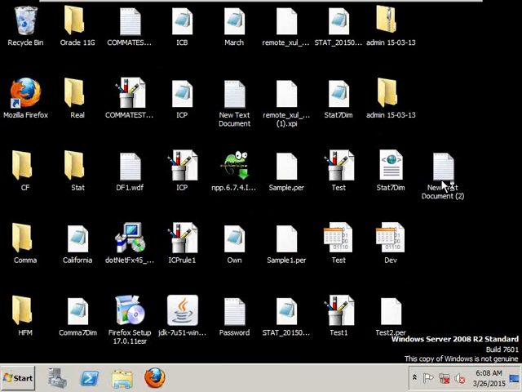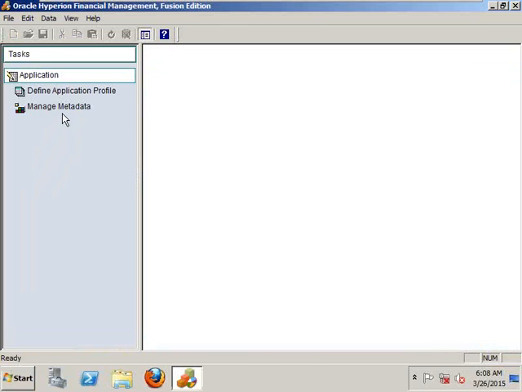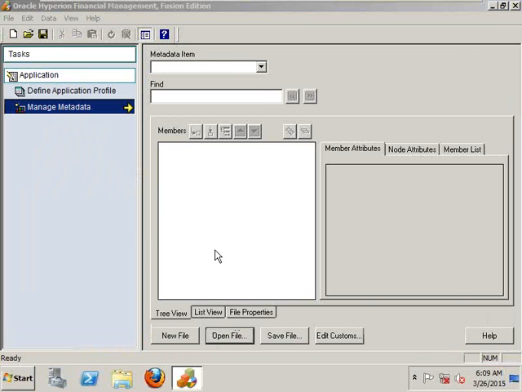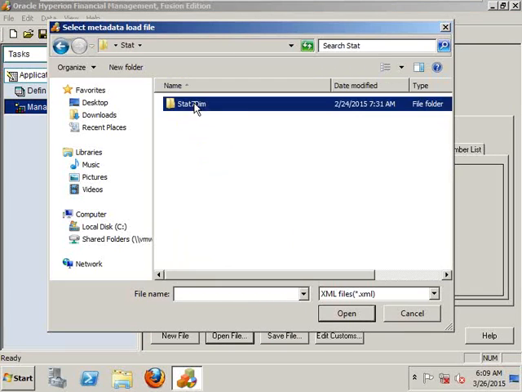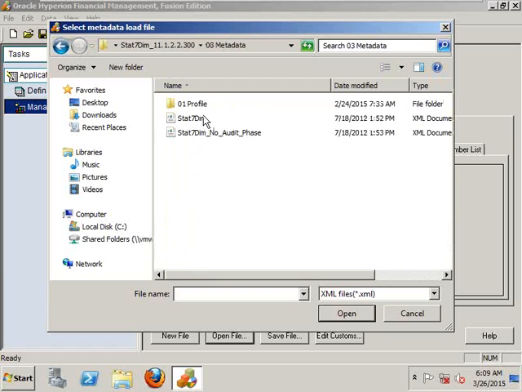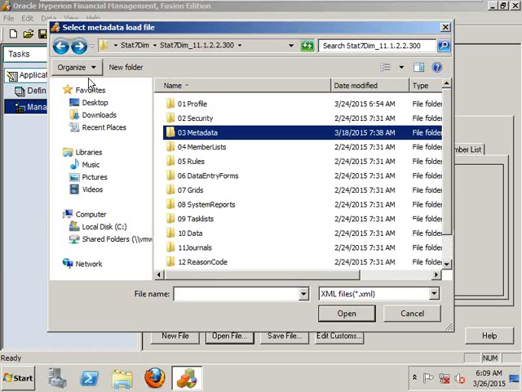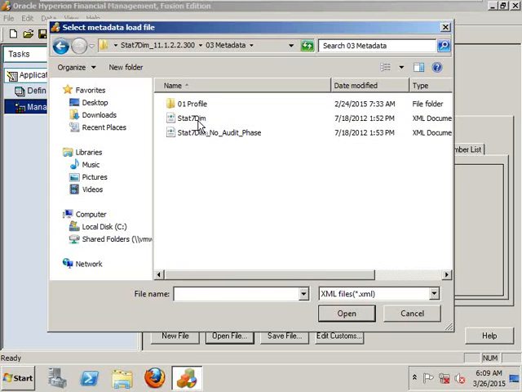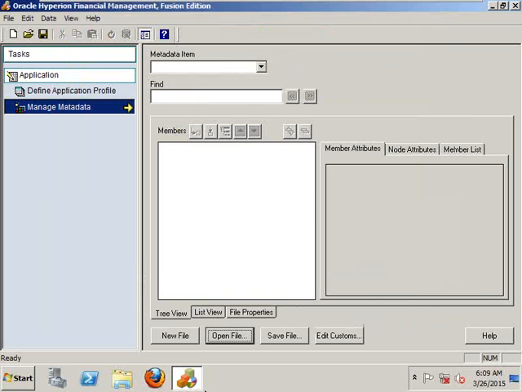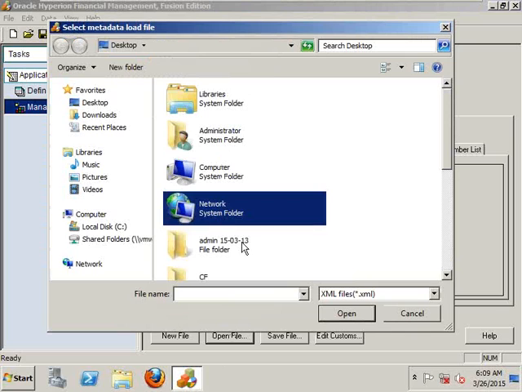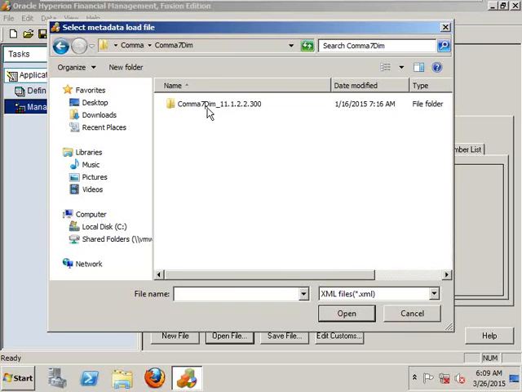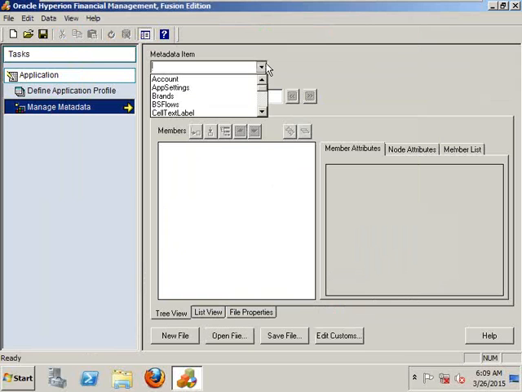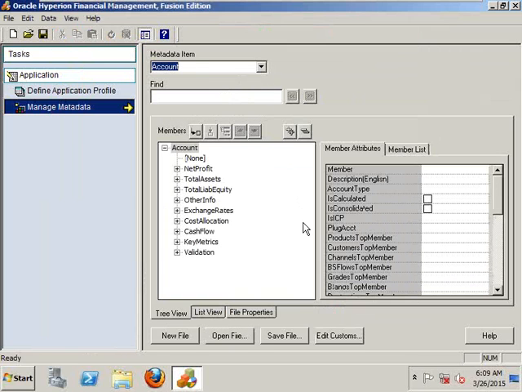Go to the client, metadata, and take some test application. Let's go to the account dimension.